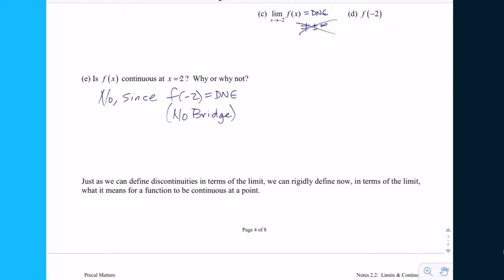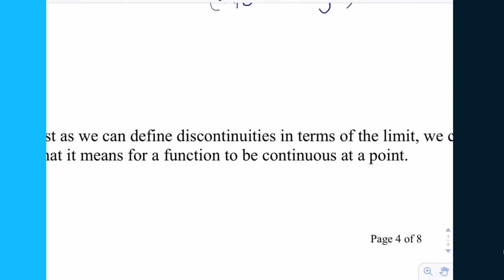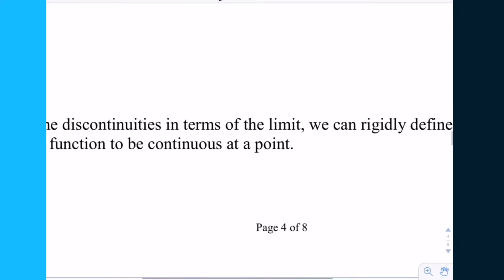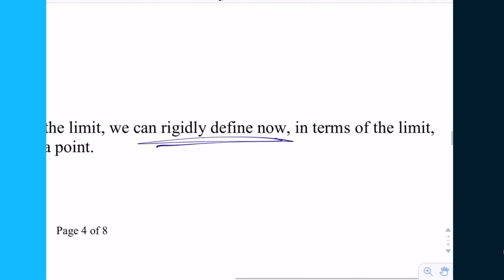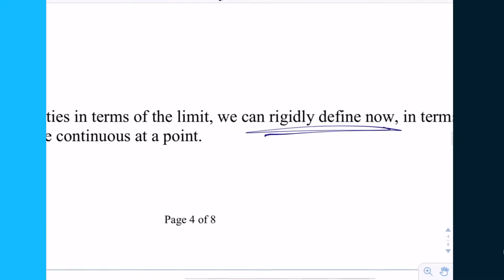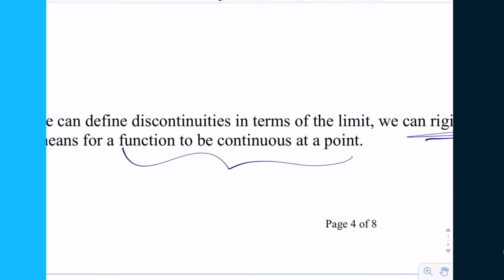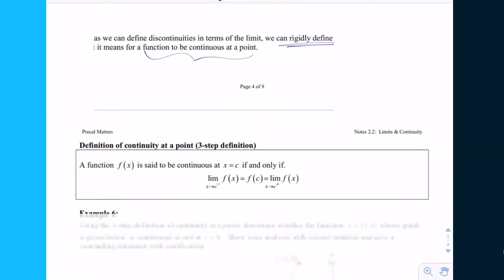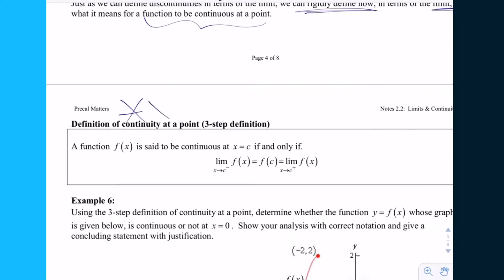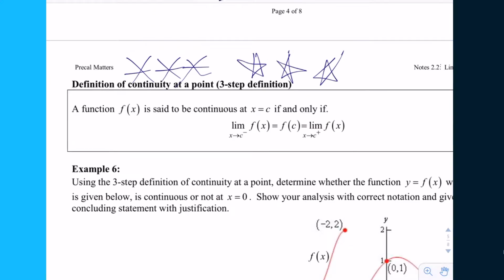Okay, so just as we can define vertical asymptote now in terms of the limit, we can rigidly define continuity at a point in terms of the limit. We've been doing it kind of intuitively here, road, bridge, road, but here it is now. And if you can draw asterisks or stars, or whatever symbol defines importance to you, draw a few of them over there, because this is a super duper important definition, and you'll be using it all through calculus as well.